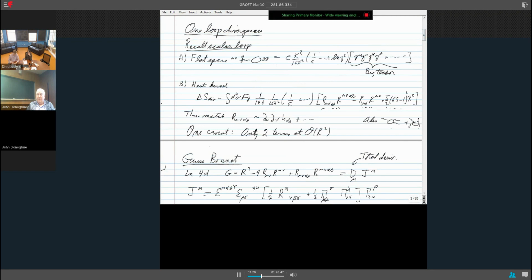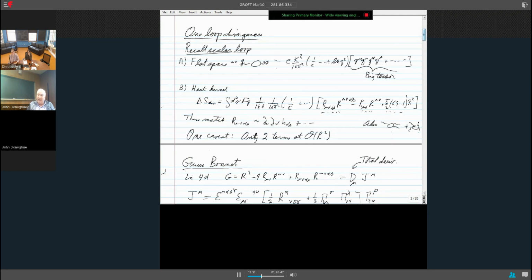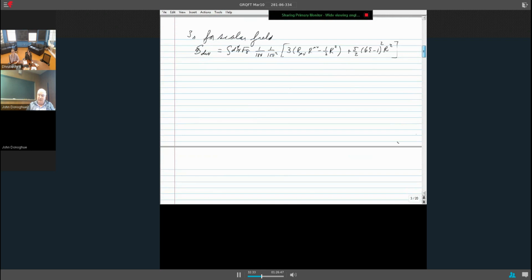That's the piece that's carried forward. You then take the remaining pieces and write it as 3 R mu nu minus a third R squared. And then there's this other last piece here, which is 5 halves 6c minus 1 R squared. And clearly the R squareds can be combined up, but it just makes it algebraically messy to write it out that way.